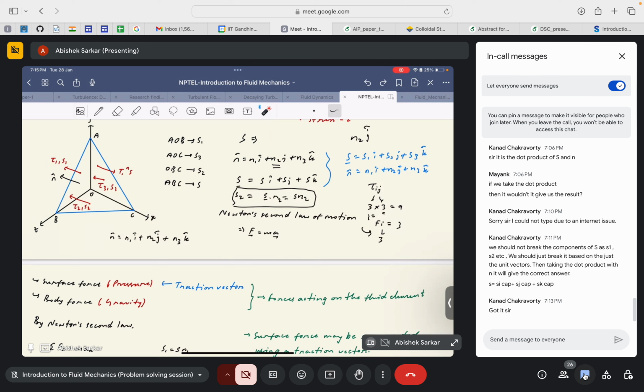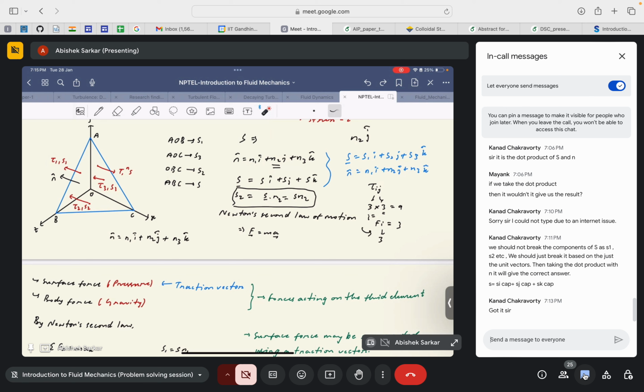Now what I actually want to do is find the component of this surface S along a particular normal direction. Say I want to find the component of S along the n2 normal, the normal along the y direction. Considering that the other two components are 0, n2 j cap is itself a vector along the y direction.